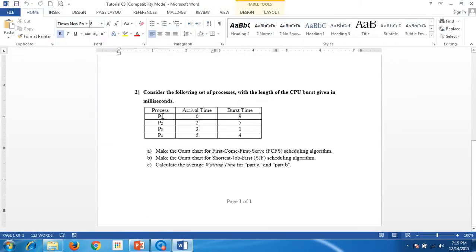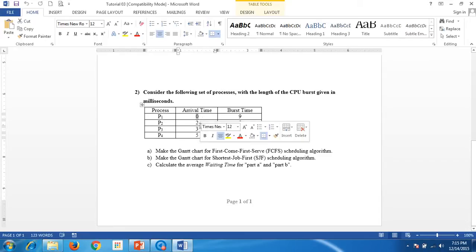Yes, here in this tutorial we have four processes, P1, P2, P3 and P4, and the arrival time is different in this case: 0, 2 for P2, 3 for P3, and for P4 it is 5. Burst time is also given.